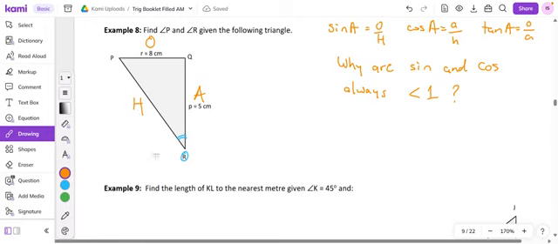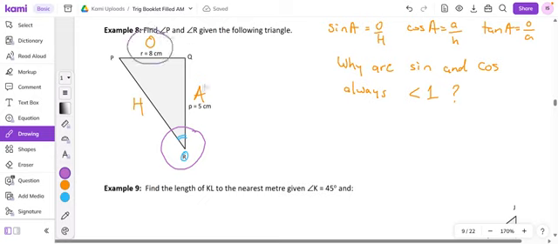Okay, now the next step is how do I figure out if I'm using SOH, CAH, or TOA? So I circle what I need to find, and I circle the two pieces of information that I have.